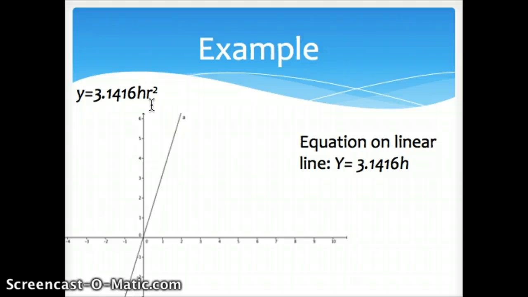So you have to first graph the dependent variable with the constant and one of the independent variables, and the next graph, you'll graph the same dependent variable and the same constant, but with the other independent variable. So in this case, we're picking h as the independent variable. So the equation would be y equals 3.1416h, which will give us a line, as you can see in the graph at the left.